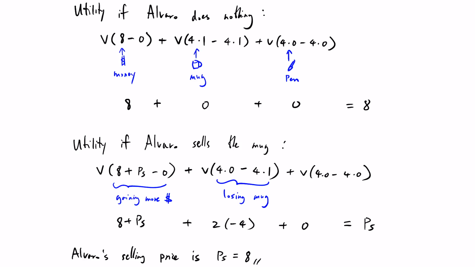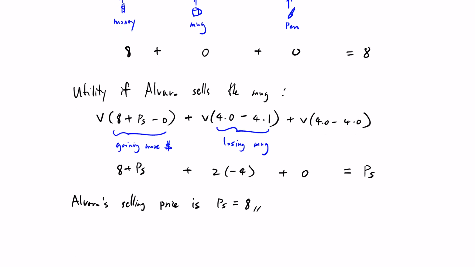So you have to pay him enough money. You can pay him more than 8, but no less. This is part B.